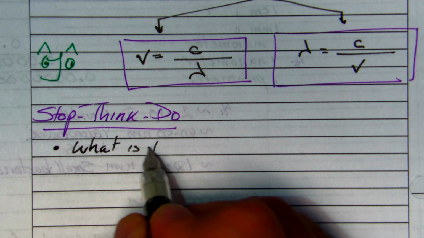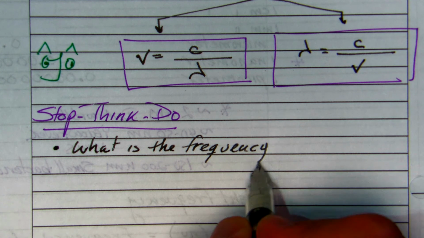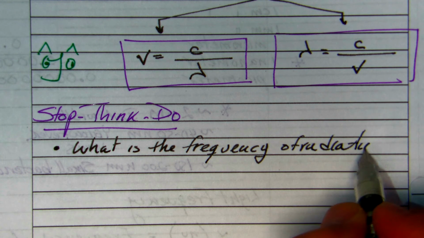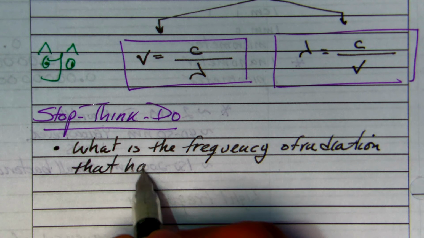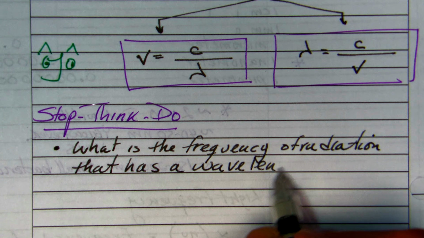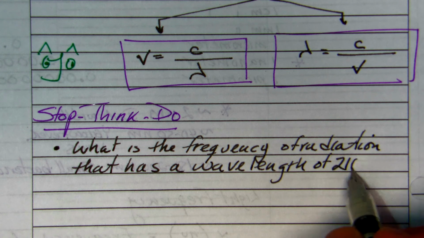What is the frequency of radiation that has a wavelength of 210 nanometers?